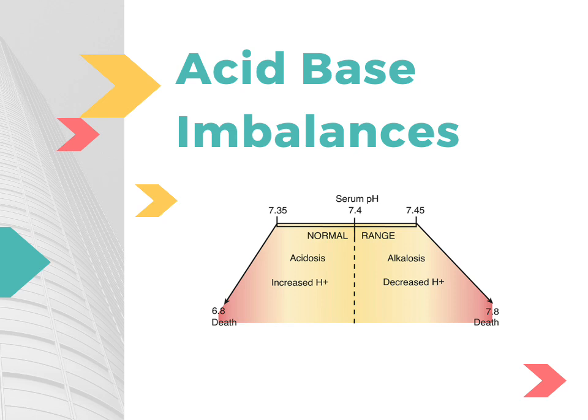On the other side of this chart, you'll see alkalosis, and this is characterized by decreased hydrogen ions inside of the body. So as you see greater than 7.45, as we move up to the 7.8 level, we do start seeing death because of the increase in the alkalotic state. So this is really important to look at, and it's a really nice chart to familiarize yourself with.